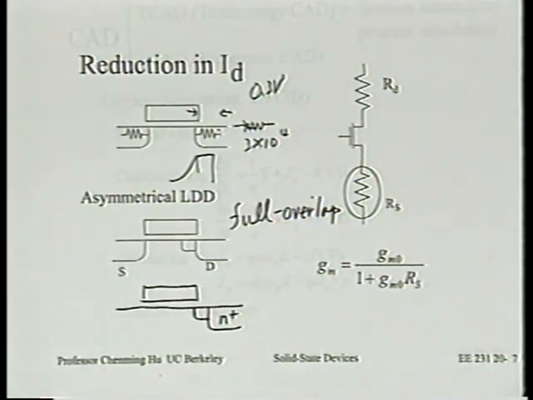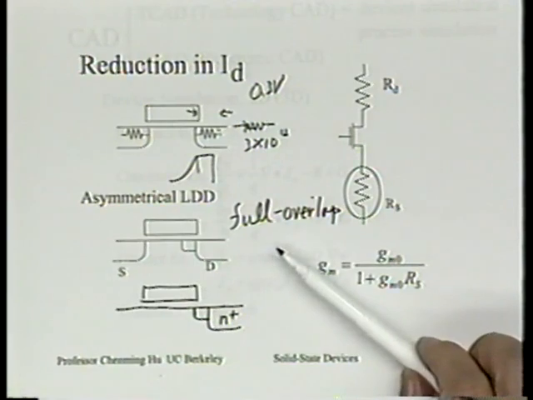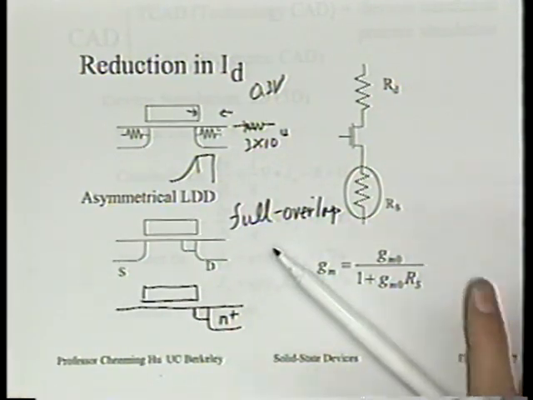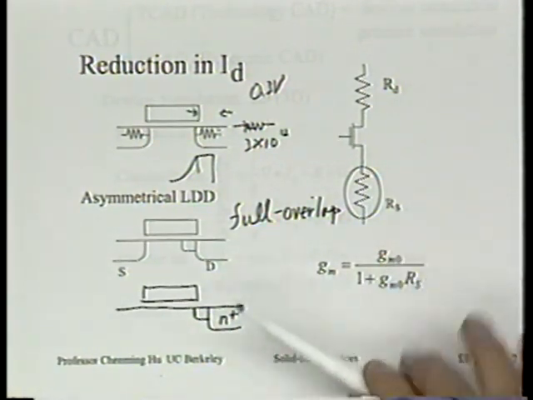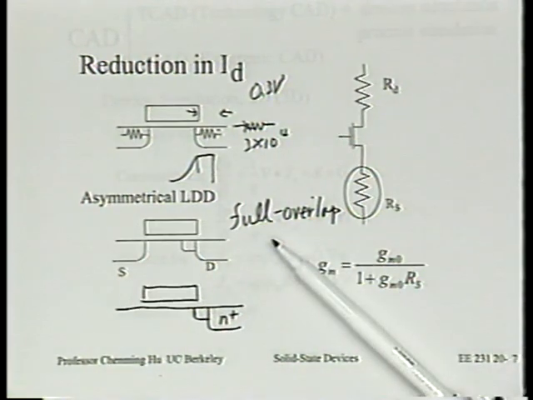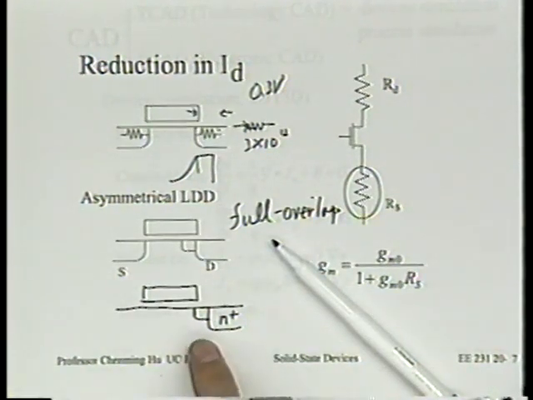Now, it turns out what people have learned is that this has some particular big problem, and there's no time to get to that, so let me just end that. We can talk more in the discussion if we want. The trend tends to be more along that direction, though it doesn't necessarily mean it has to be like that. It might be something in between, closer to this. There's some reason that you don't want to really pull the LDD out, although doing so really gives you the minimum overlap capacitance.